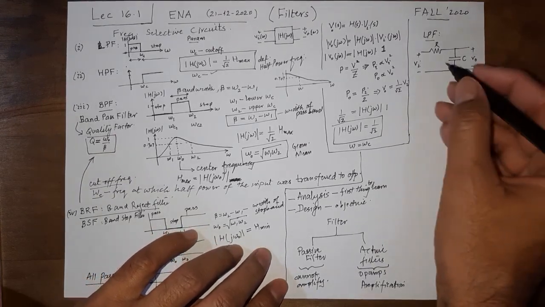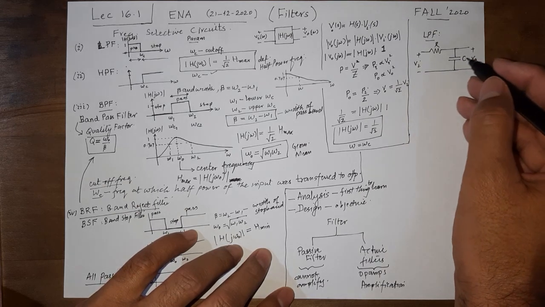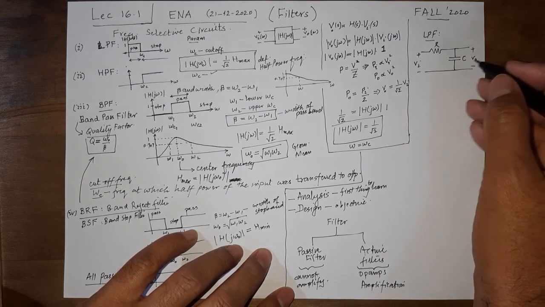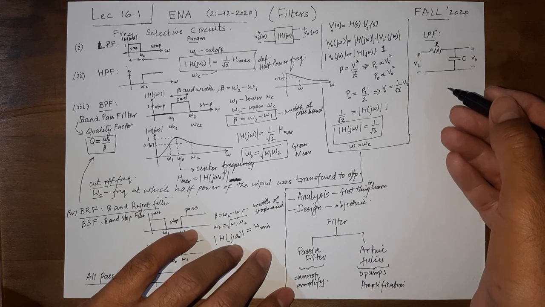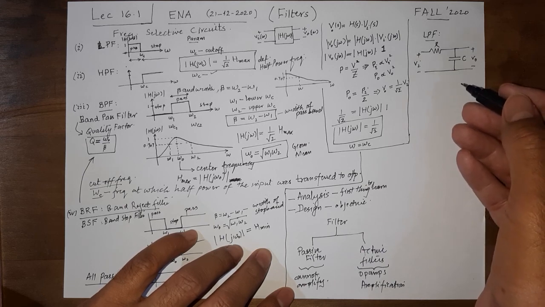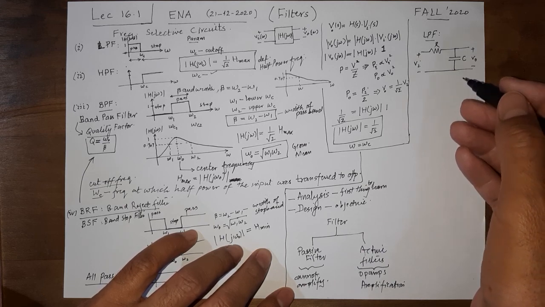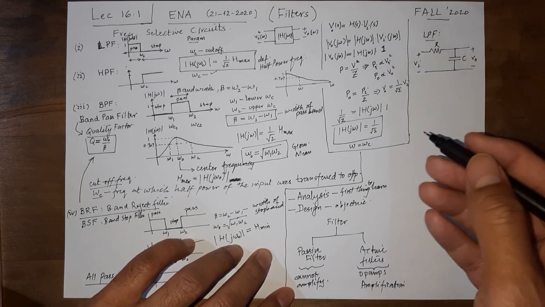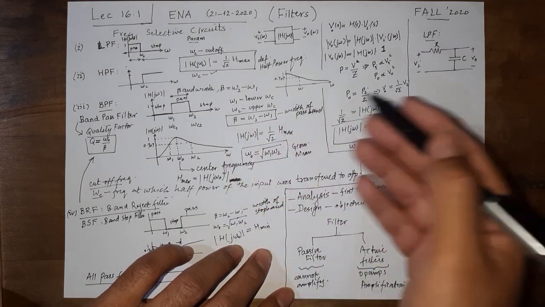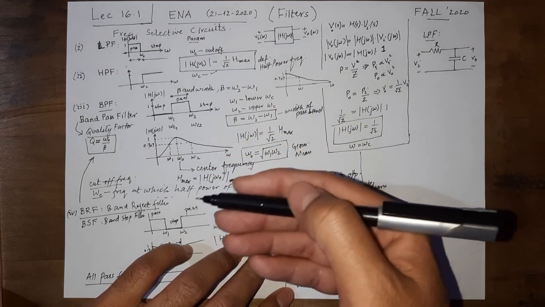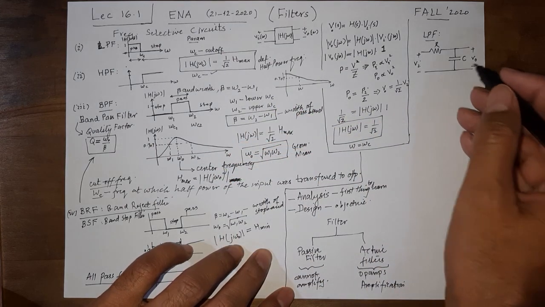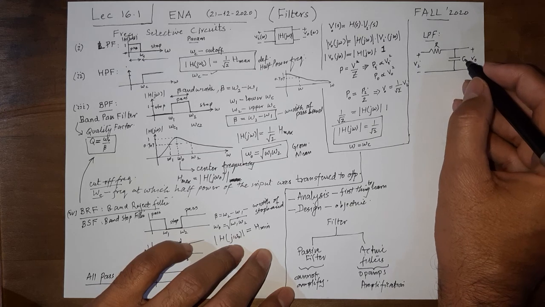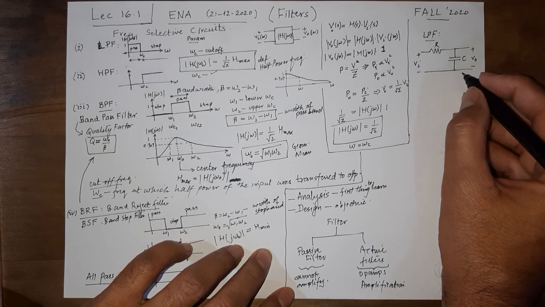Why? You should know how to quickly see how a circuit would behave if it is a simple one. We are not going to analyze the circuits of more complicated filters because it is a long process to understand whether it is a low pass, high pass, band pass, or band reject filter. But for the simple types that we have studied, you should be able to understand how they work.